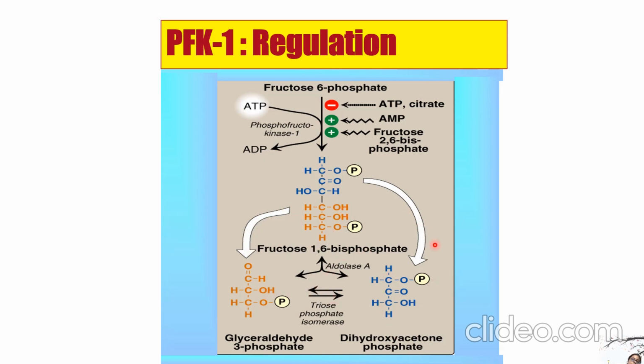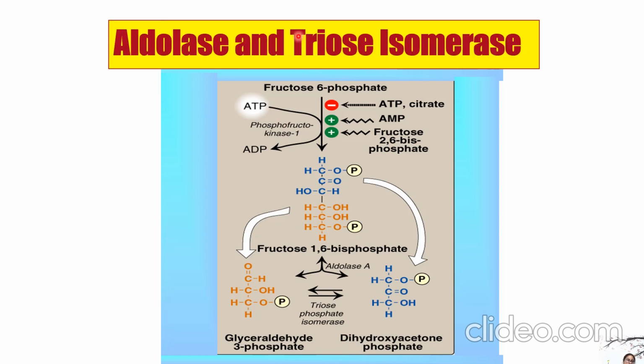Fructose 1,6-bisphosphate will then give rise to glyceraldehyde 3-phosphate and dihydroxyacetone phosphate with the help of aldolase, and these two can interchange with each other with the help of triose phosphate isomerase. So phosphofructokinase 1 is a regulatory step, and then there is the role of aldolase and triose isomerase.